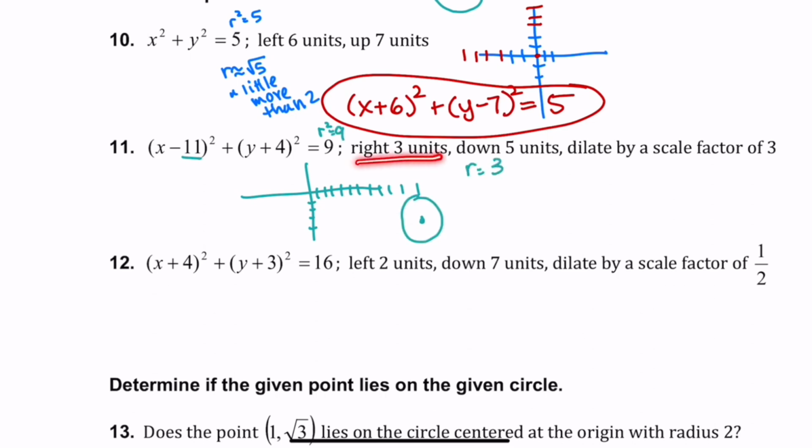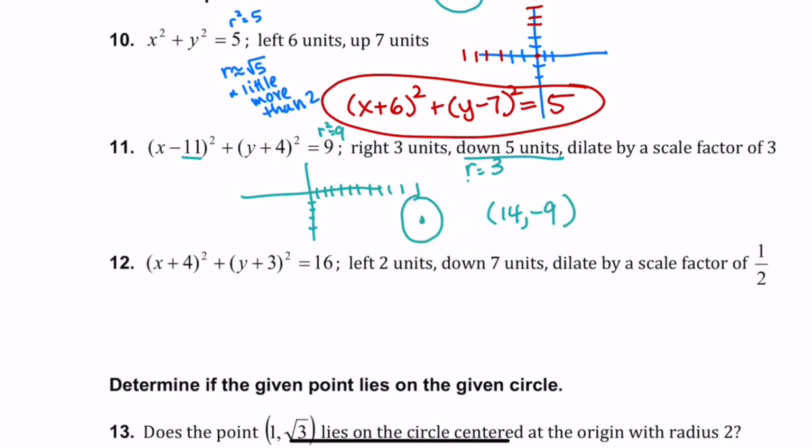We're going to move this right 3, more to the right. It's already 11 to the right. If we move it 3 more to the right, that would be 11 plus 3, which is 14. So it's going to go over here to 14 and then down 5. It's already down 4. If I go another 5 down, down 4 and a negative 5 is a negative 9.